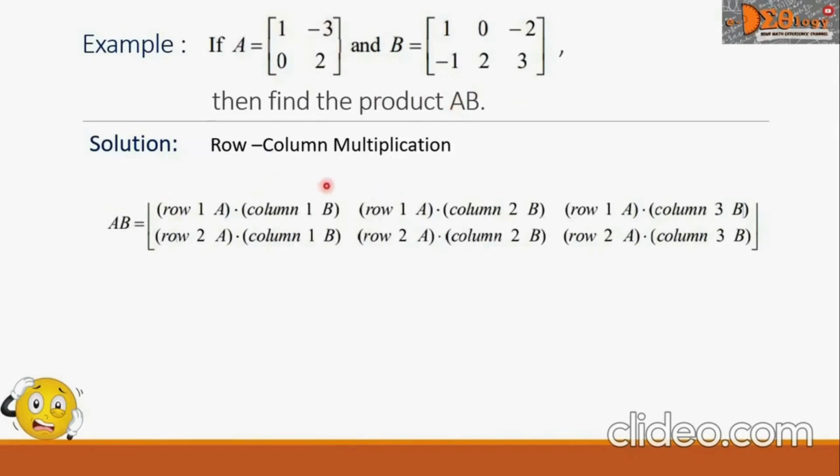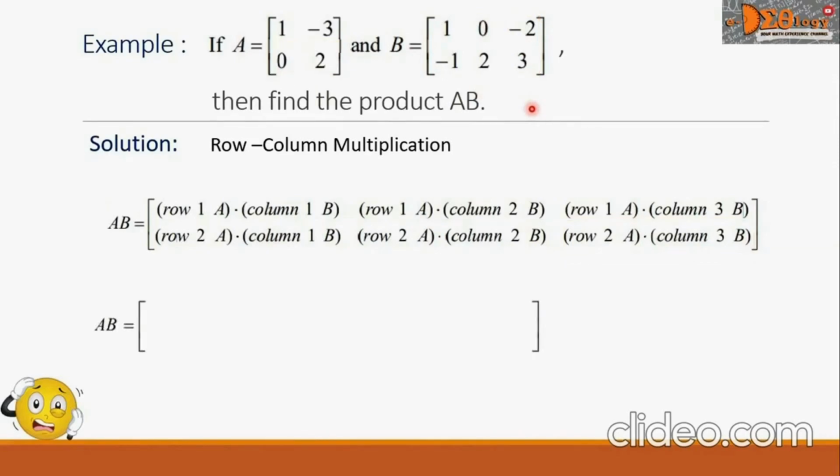For the first element, we will multiply the first row of A by the first column of B. For the next element, row 1 of A multiplied by column 2 of B. Row 1 of A multiplied by column 3 of B. Row 2 of A multiplied by column 1 of B. Row 2 of A multiplied by column 2 of B. Row 2 of A times column 3 of B, respectively.